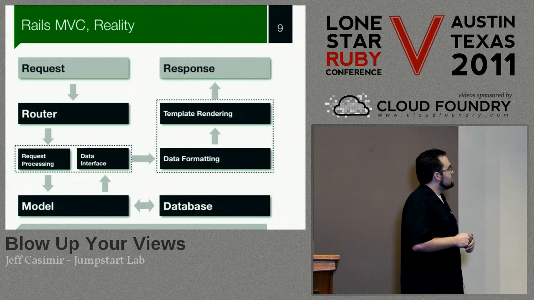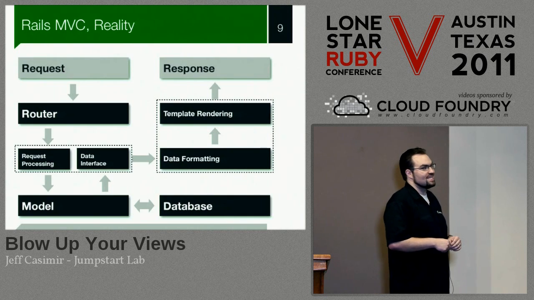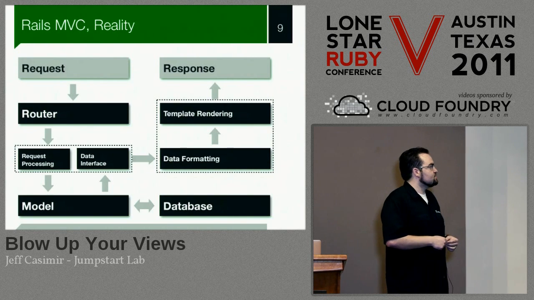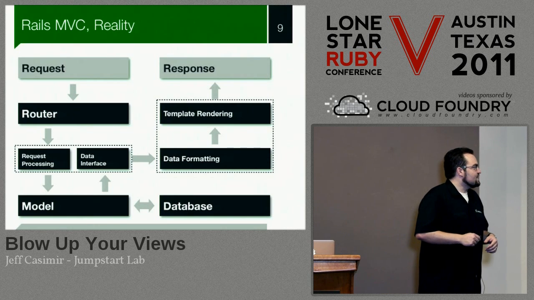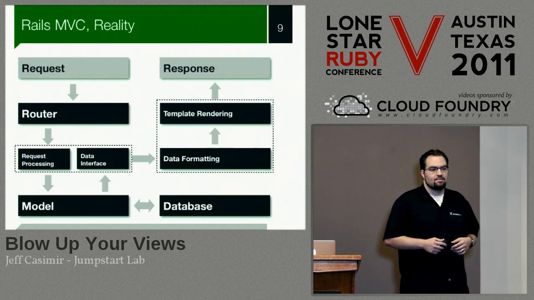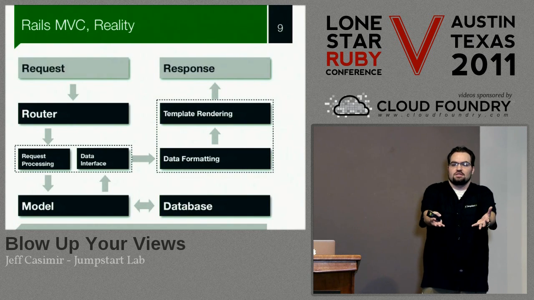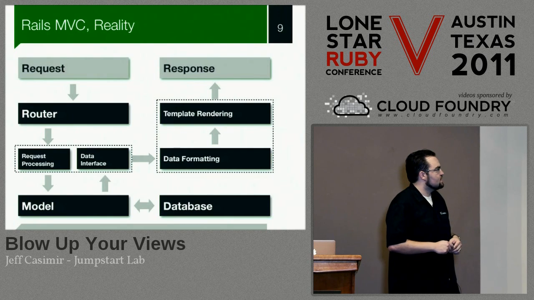The controller is, on the way down, responsible for understanding the request, grabbing those parameters and doing things with them. And then on the way back up, it provides this really half-baked data interface to the view template. It provides data out to the view layer. And this part is really what's lacking.